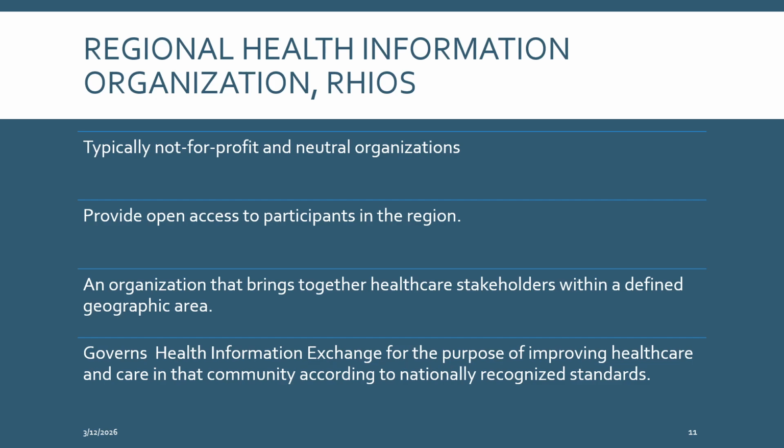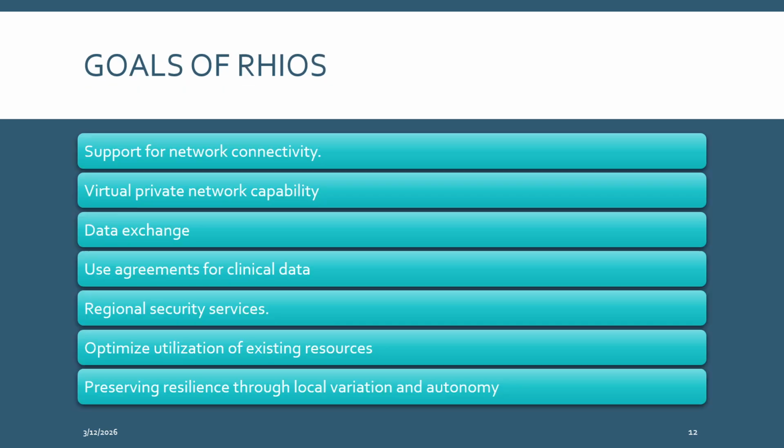They provided open access to different participants in the region, and basically they brought together healthcare stakeholders in a geographic area and governed the health information exchange. Basically, the goal was to improve healthcare and the care in that community with some nationally recognized standards.